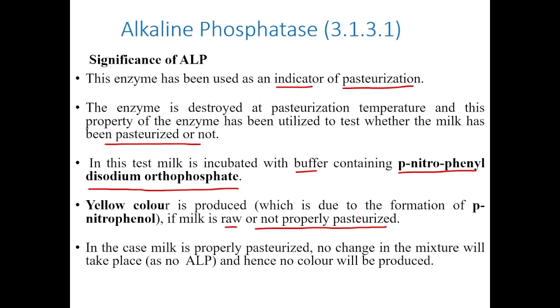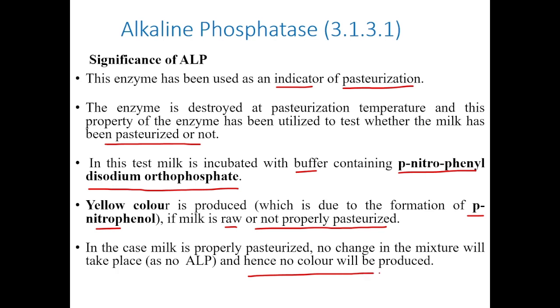So if alkaline phosphatase is present after pasteurization, it will convert this p-nitrophenyl disodium orthophosphate to para-nitrophenol, which is yellow in color, indicating that the milk has not been properly pasteurized or has been contaminated with raw milk. In case milk is properly pasteurized, no change in the mixture will take place, hence no color will be produced.